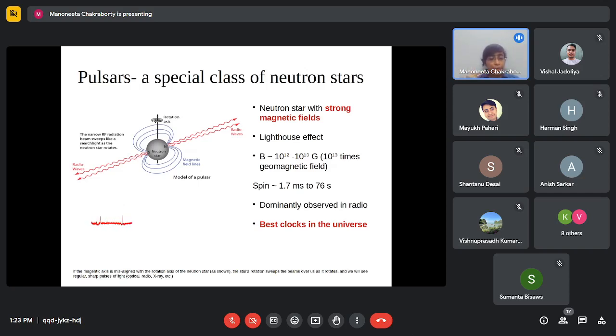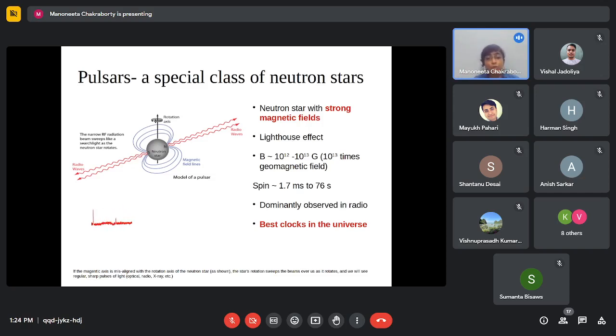They typically have the highest magnetic fields among neutron stars, about 10 to the power 12, 10 to the 13 Gauss. This is 10 to the 13 times the magnetic field we see on Earth. Their spin varies from a few milliseconds to, by the latest record, a few tens of seconds.